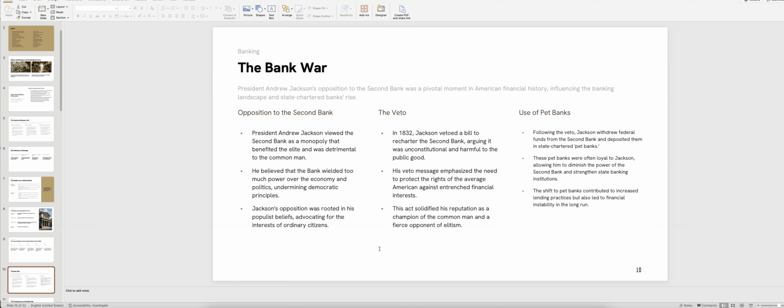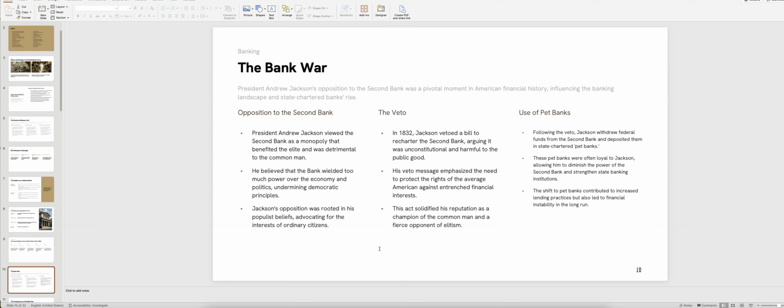So instead, what happened, which is not good, is that in 1836, the Second Bank of the United States goes away, and then Jackson takes the money from the Second Bank of the United States and distributes it to banks located in states that are loyal to Jackson.